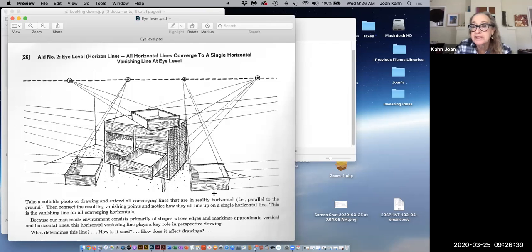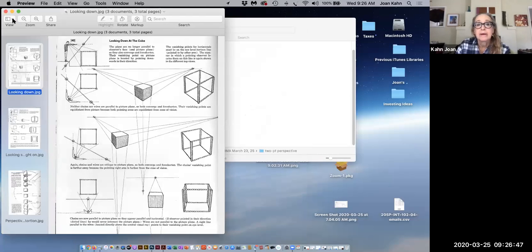All parallel sets of lines go to the same vanishing point. This is having a high eye level, right? When you're looking down at something, you're standing in relation to the cropped image that you're looking at. So again, this is a diagram.